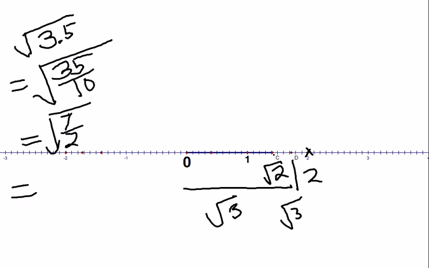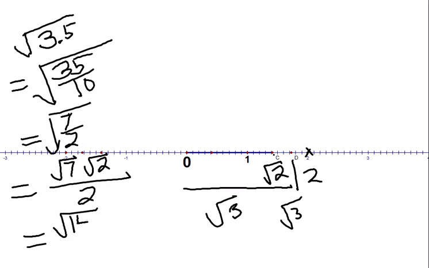Now if we rationalize the denominator, what we will get is square root of 7 times square root of 2 over 2, and that is square root of 14 over 2. So what we will do is try to get a way of constructing a square root of 14 here on the number line, and then we will take the bisector of the point between the origin and this value.